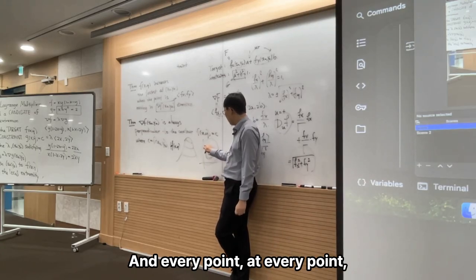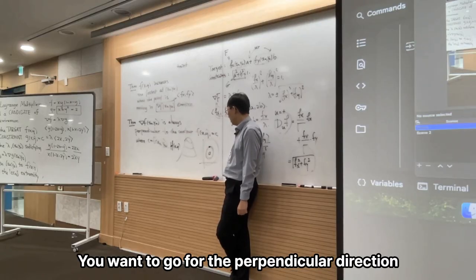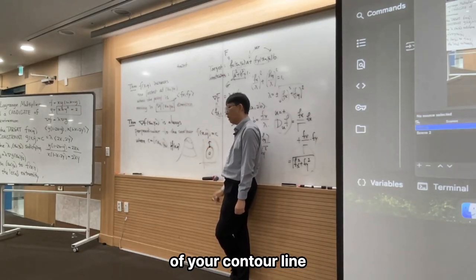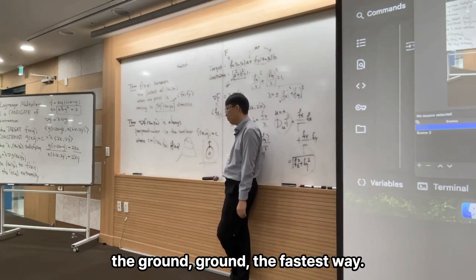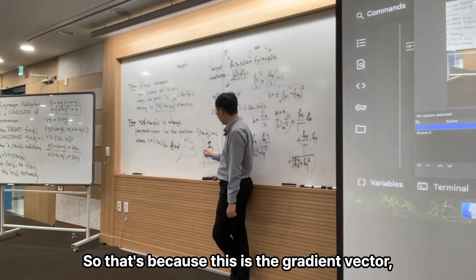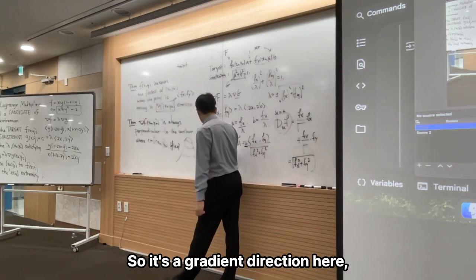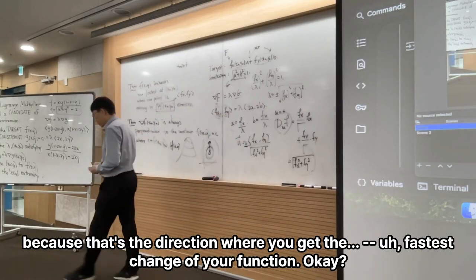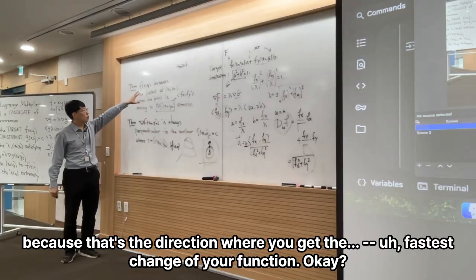And at every point, let's say you're here, longitude and latitude, you want to go in the perpendicular direction of your contour line to get down the mountain to the ground the fastest way. That's because this is the gradient vector, the gradient direction, and you want to go in the opposite direction of the gradient, because that's the direction where you get the fastest change of your function.